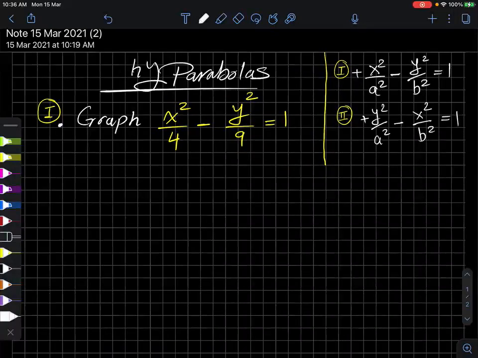Let's quickly graph this hyperbola. We will say that a squared is equal to 4, and so a is 2. And b squared is equal to 9.